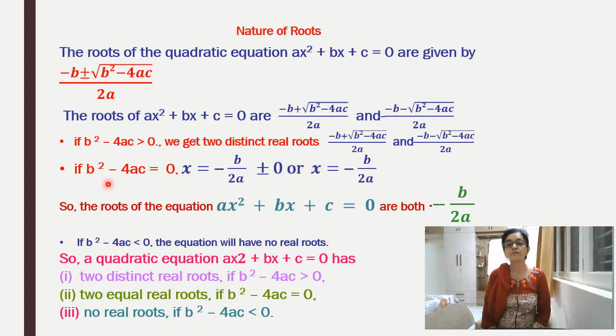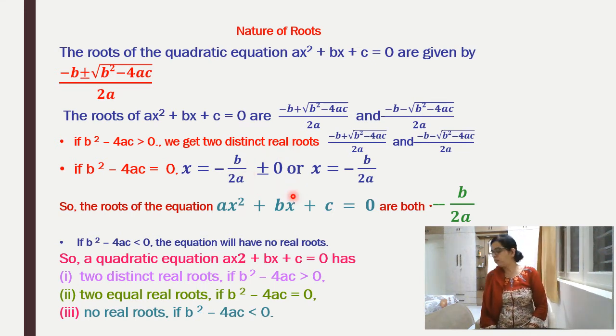But what happens if it is equal to 0? Once it is equal to 0, it means the discriminant will vanish. If the discriminant vanishes from the formula, then what is remaining? The remaining part is minus b upon 2a, because after that you will be having plus or minus 0, and plus or minus 0 has no value.